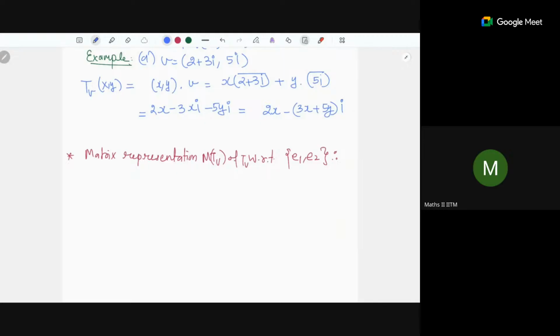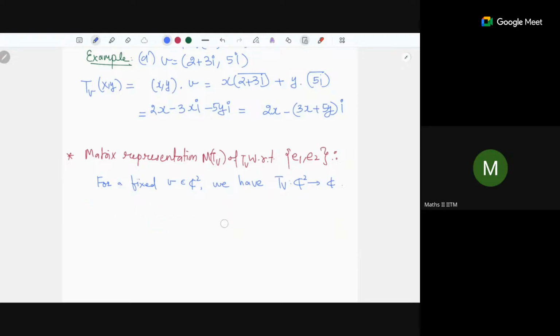So your v is fixed. For a fixed v in C^2, we have T_v from C^2 to C. So the matrix corresponding to T_v has as its first column the image.